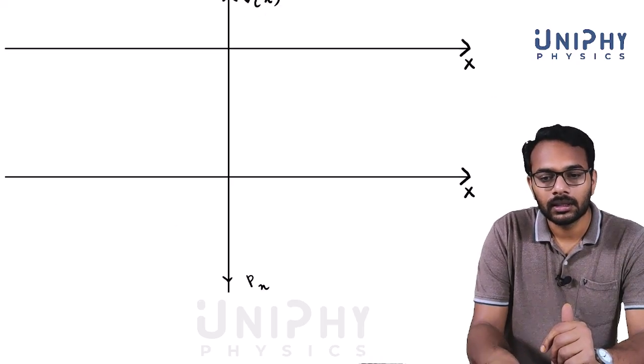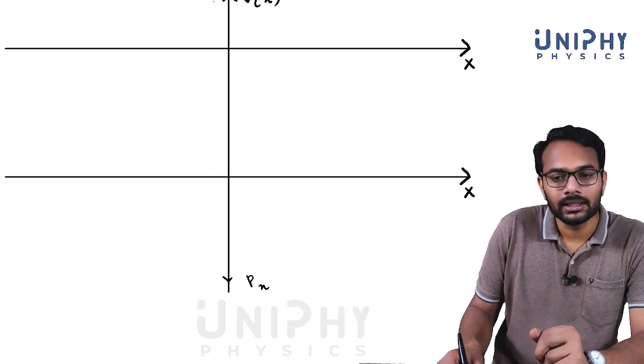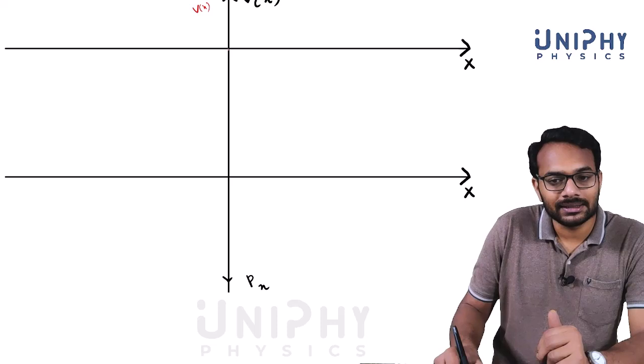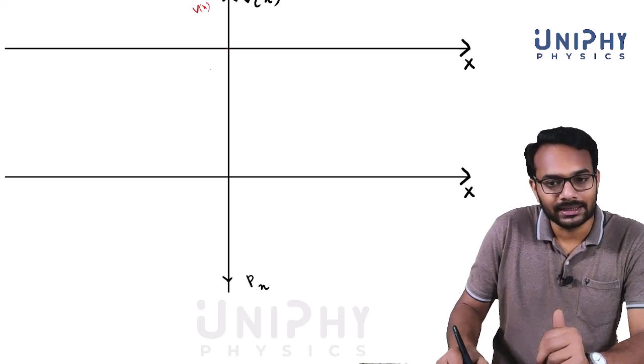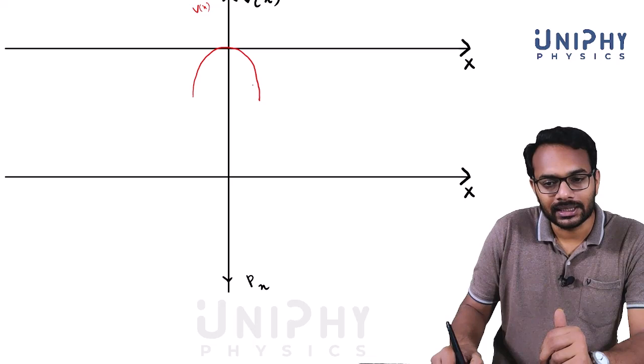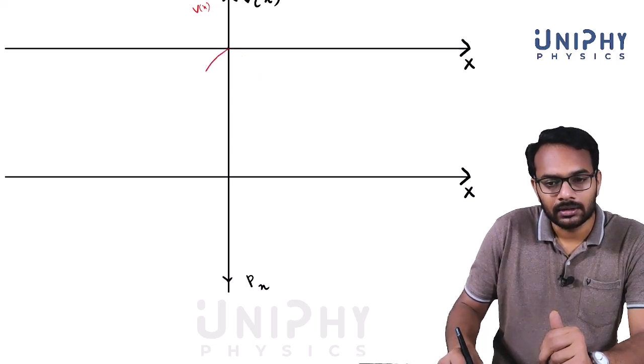But without using this, let's see how we can plot it. We have got this x-axis and y-axis drawn here. Along the y-axis we have got V of x. First, as I said, is to plot the potential energy curve, which we already did. It's a parabola like that. It's not exact, but it has to be 0 only at this point, so let's be a little more careful.